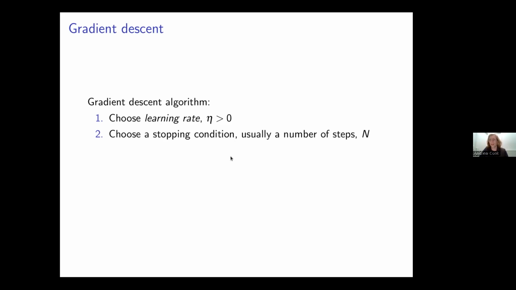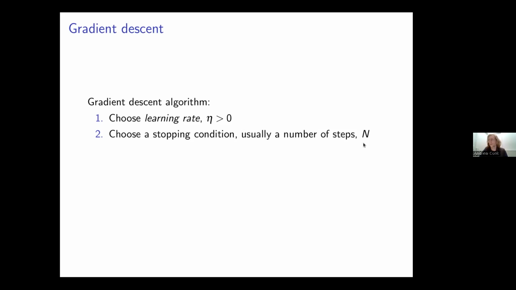Of course, like every algorithm, you have to have some halting criterion. You can use step size to determine this, but more commonly you just pick some number of steps and plot your loss over those steps.